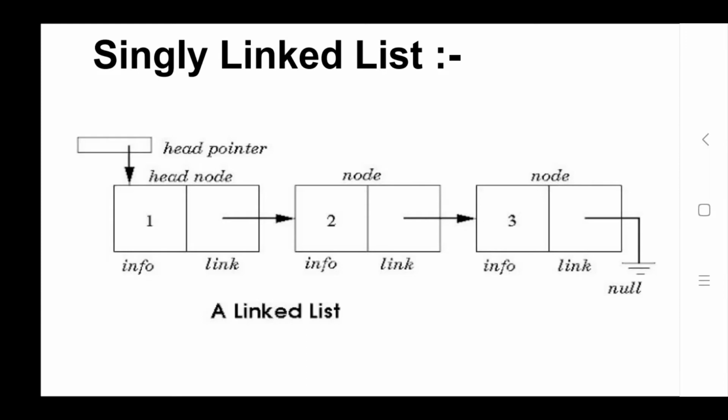And node 3 is pointing to null as it is the last node of the list. Here info means data. There are 3 nodes in this diagram.